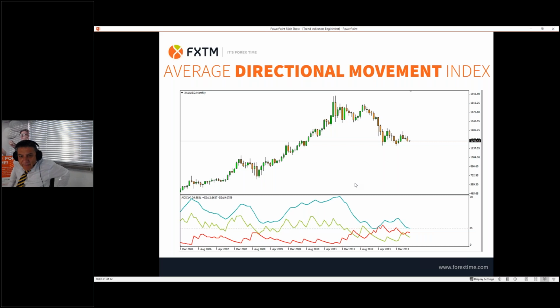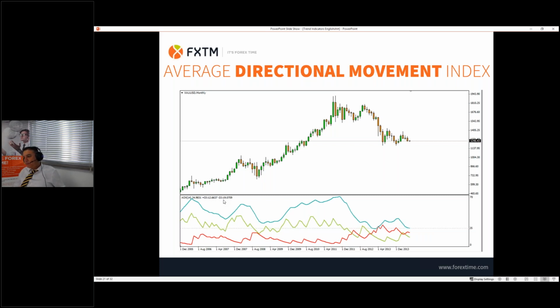So again, we have gold on our price chart as example. And ADX consists of three lines. The blue line, which is called ADX, the green line, which is called plus DI, or directional index if you like, and the red line, which is called minus DI, or minus directional index.